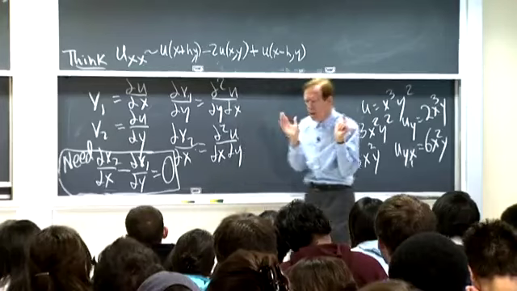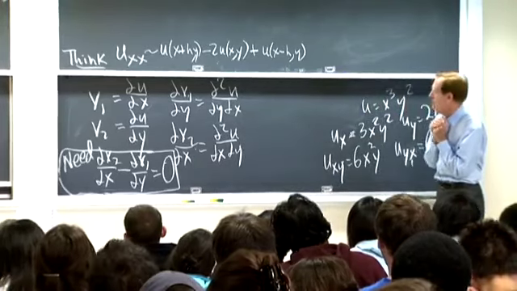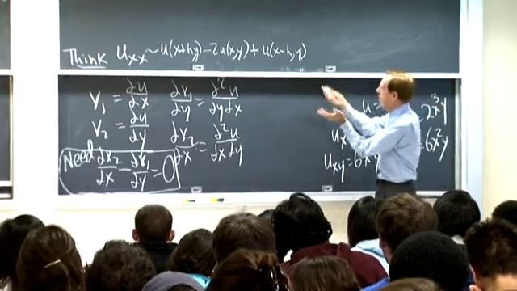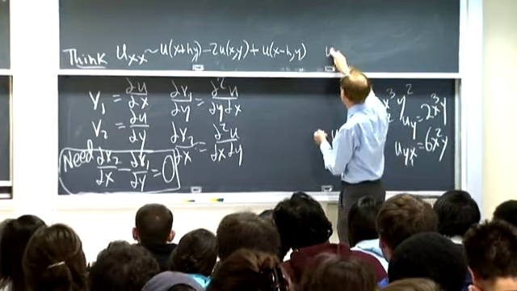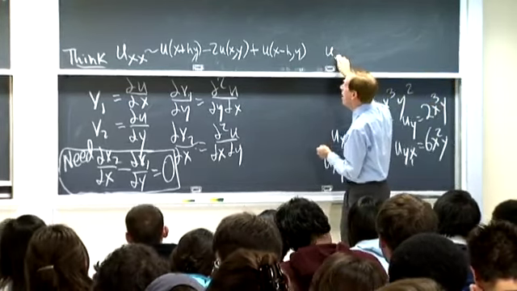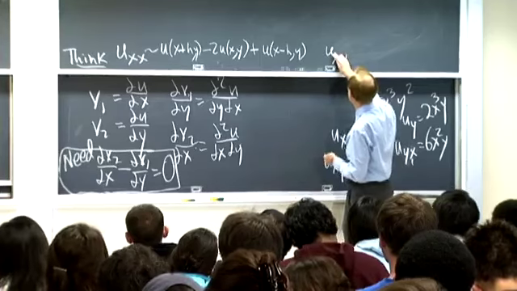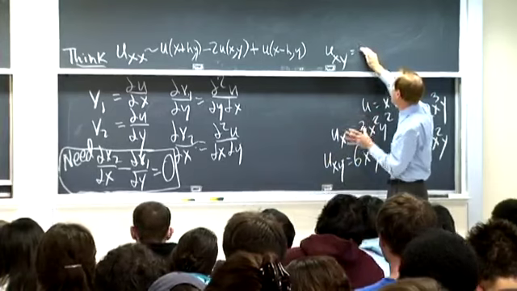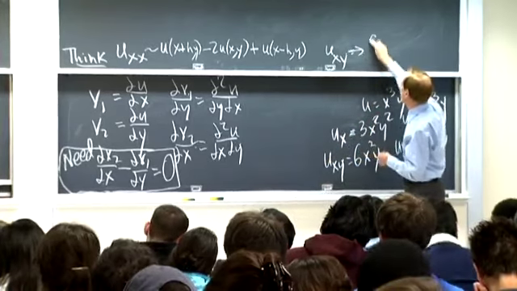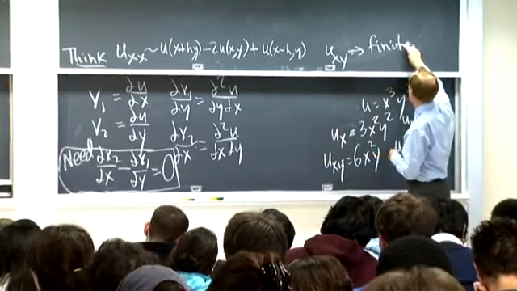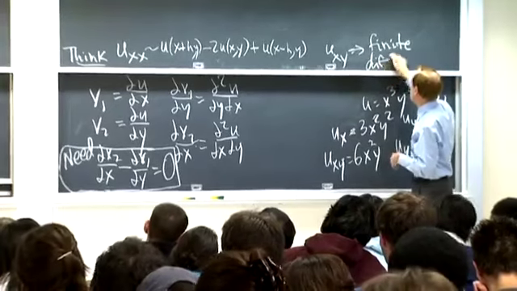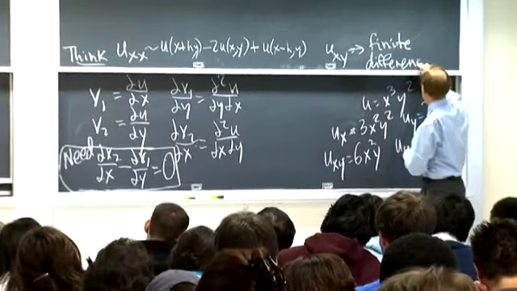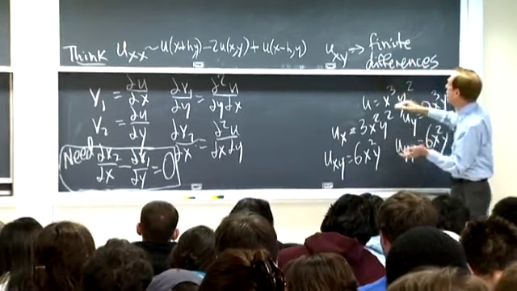And my question to you is, and we could have asked it way, way back, what's a finite difference approximation to uxy, to the cross derivative? I want to go to finite differences.